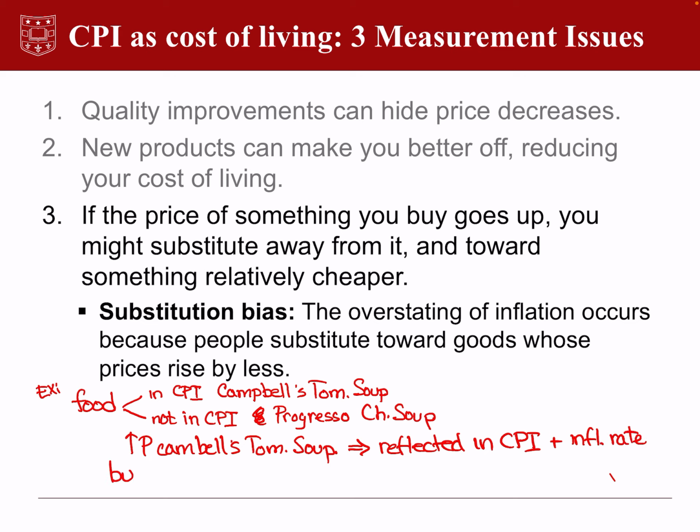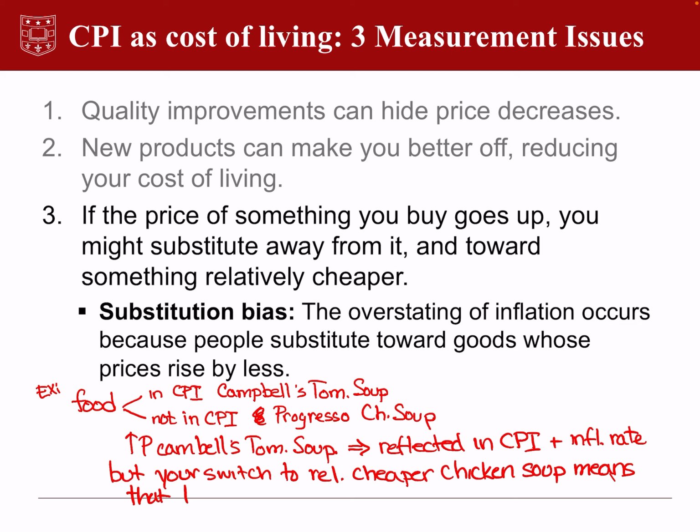But you switch to the relatively cheaper chicken soup, which means that the inflation rate you actually face is lower than the CPI implied inflation rate. So this is what's known as a substitution bias.